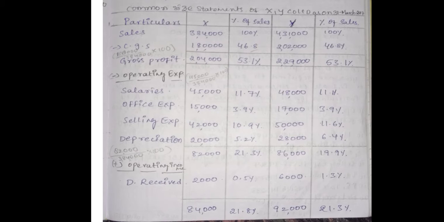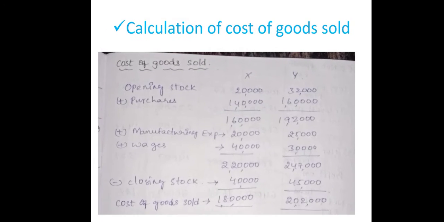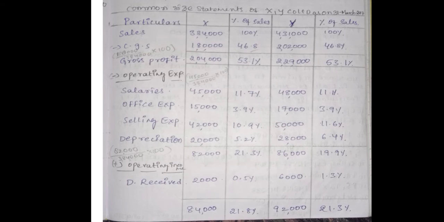We have already calculated cost of goods sold: 1,80,000 for X company, 2,02,000 for Y company. We need to deduct this from sales. So 1,80,000 from 3,84,000, then we get 2,04,000 as the gross profit.